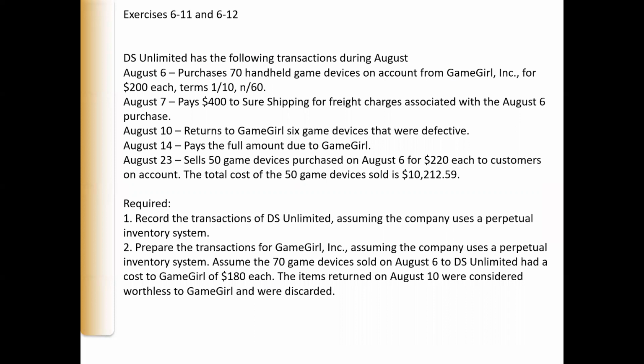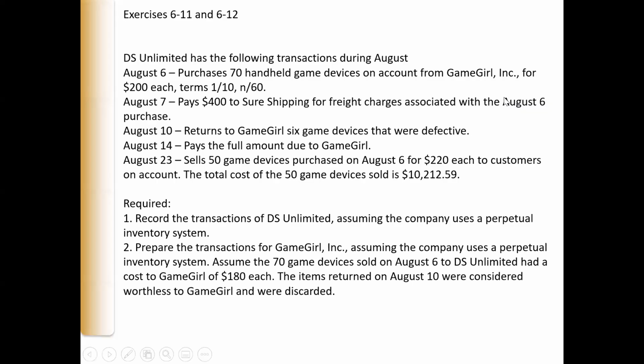Then on August 10th, it returns 6 game devices that were defective. August 14th, it pays the full amount. And then on August 23rd, it sells some. So I want you to go through this. I'm going to just put the recording on pause.